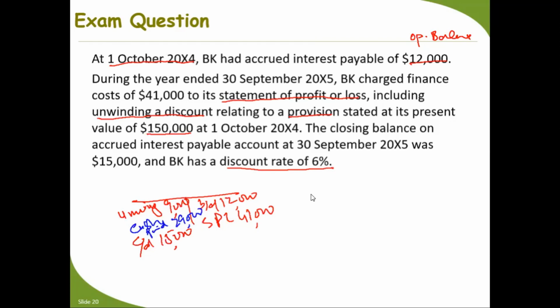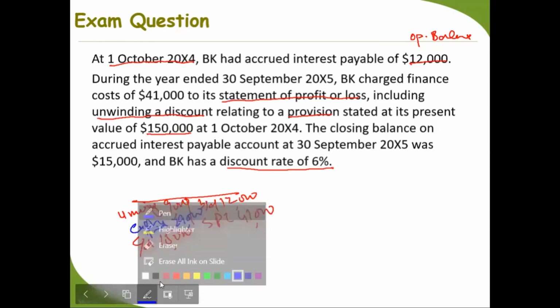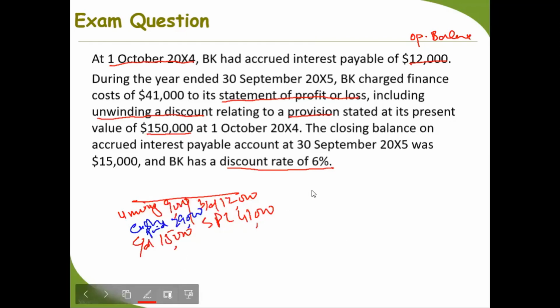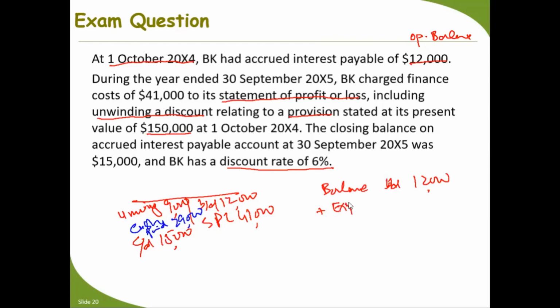Other way is we will use pro forma, which is balance brought down 12,000 plus expense, interest expense, which is 41,000 minus unwinding, which is 9,000.